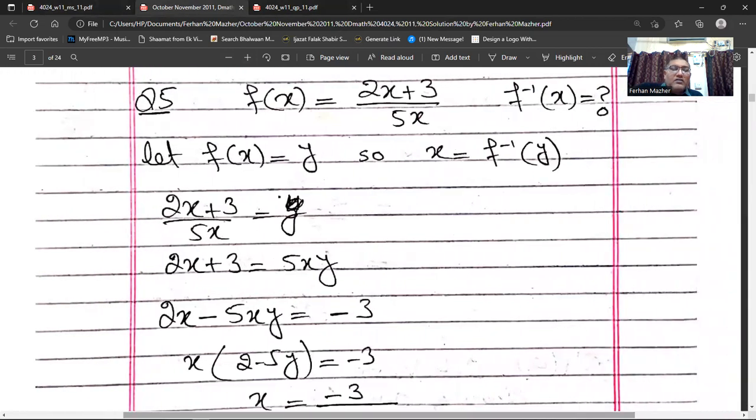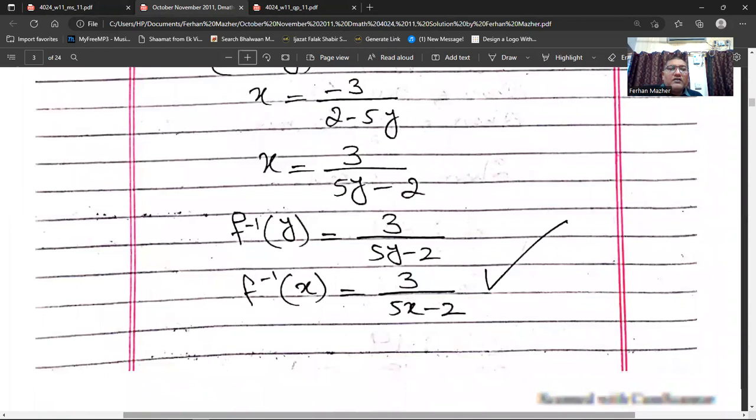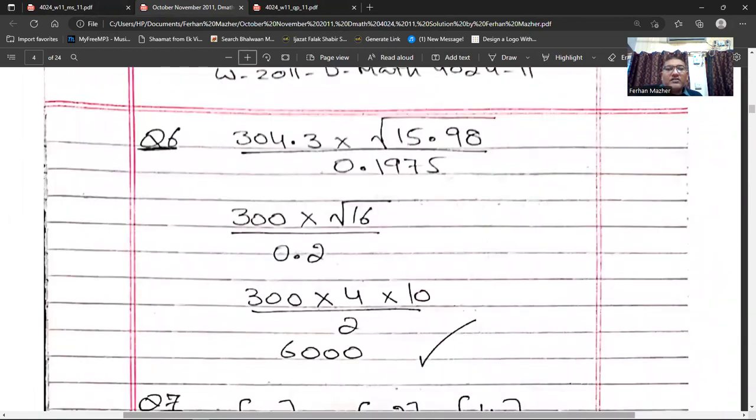So let me show you. We are going to question number 6. Here we have 304.3 multiplied by the square root of 15.98, divided by 0.1975. So it can be written as 300 multiplied by the square root of 16, divided by 0.2. So 300 multiplied by the square root of 16, which is 4.